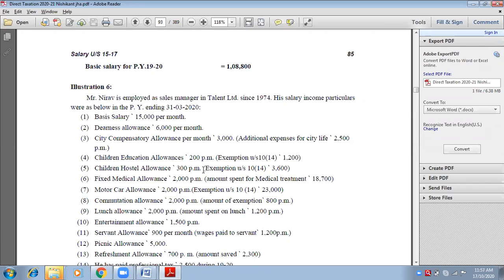Therefore 300 into 12 into 1, 3,600. See, they have already given 3,600 in the bracket. If it is not given, then how to calculate this amount? I was telling you how to calculate the 3,600.